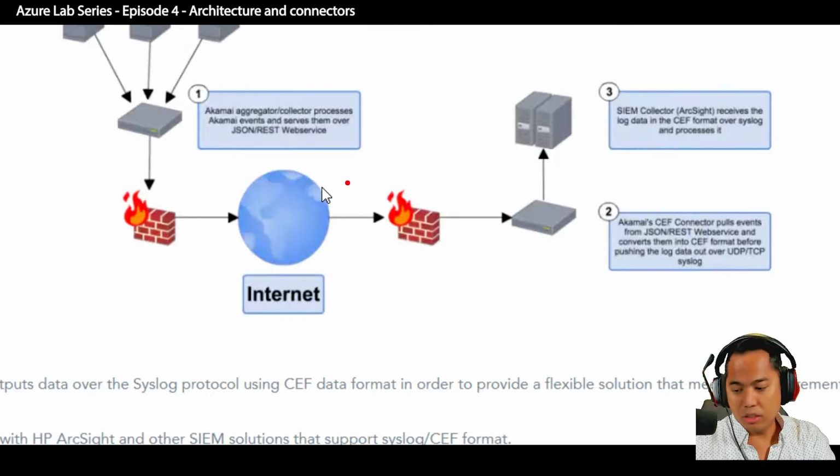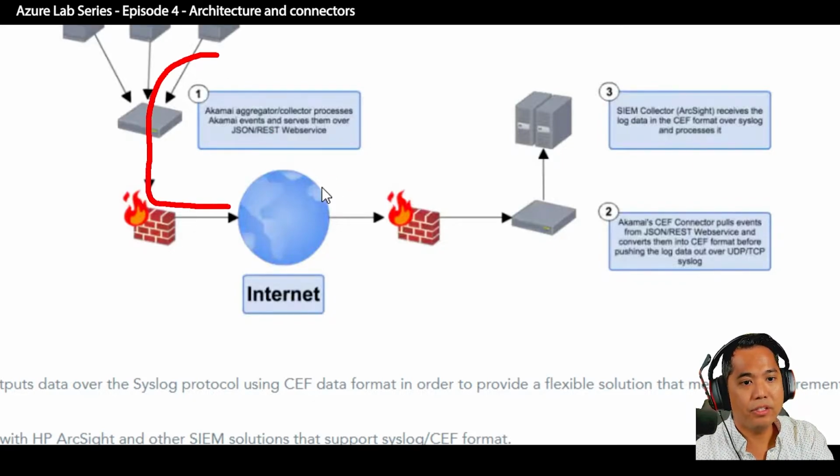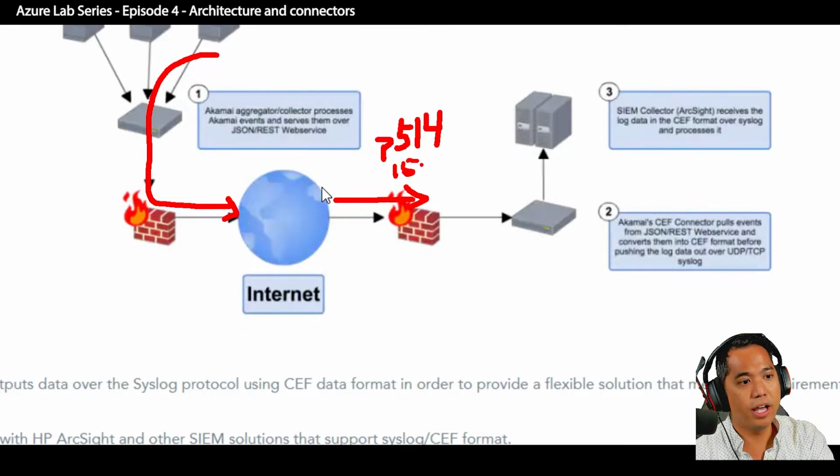So it goes from Akamai services, to the internet, and hits your firewall. So you need to open up either port 514, or you may need to poke a special port like 1514, and then it maps to 514 on the collector, okay?